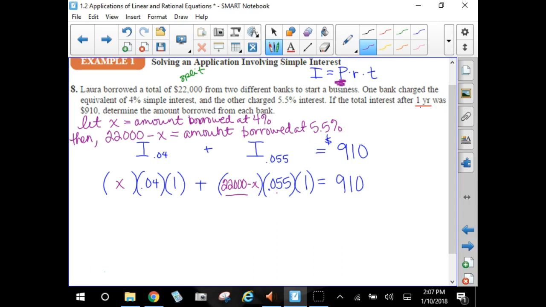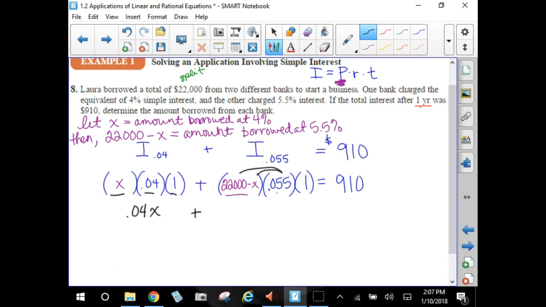Now you see we have an equation or a model set up here that we can solve. There's one equation with only one unknown. For the first term, when we go to simplify, X times 0.04 times 1 simplifies to 0.04 times X. Over here, we basically need to run the 0.055 through to both of those terms.